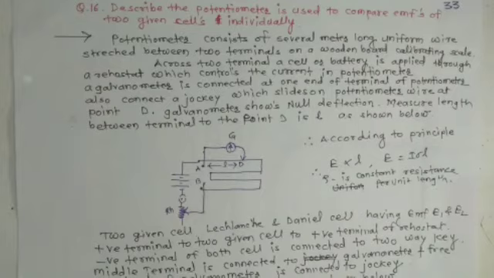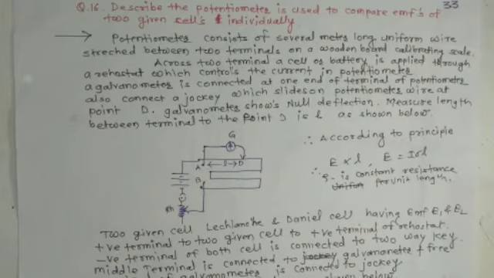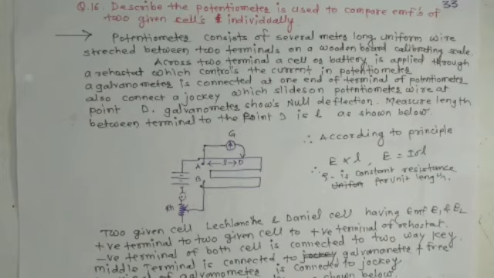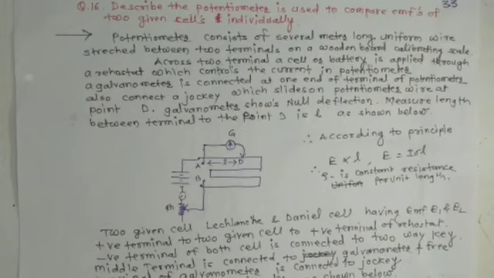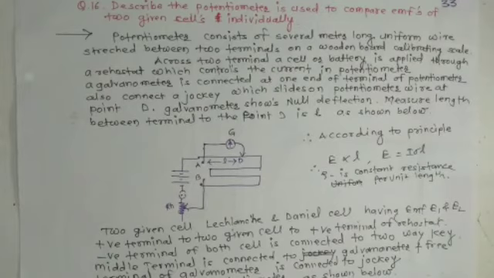At point D, the galvanometer shows null deflection. Measure the length from the terminal to point D as L, as shown in figure.